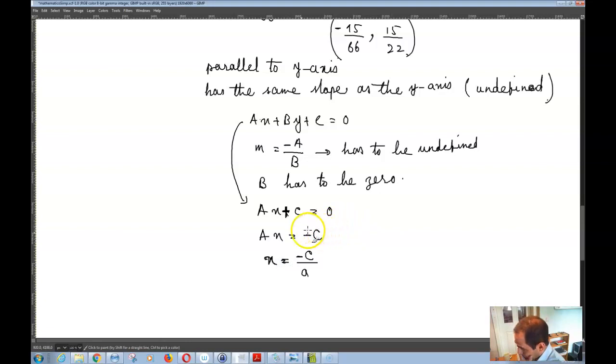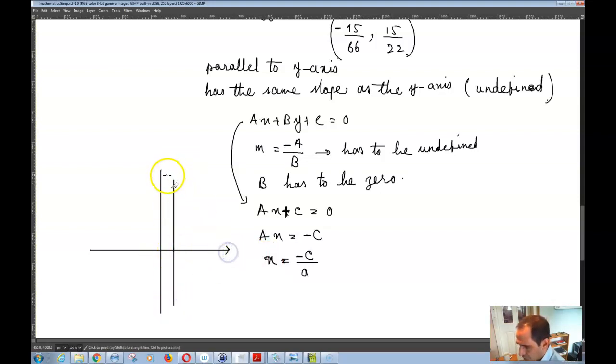Now that means that your line is going through some point on the x-axis. For example, if your line goes through the x-axis through the point 1, this will be your line. And then you would say that x is equal to 1 is the equation of this line.